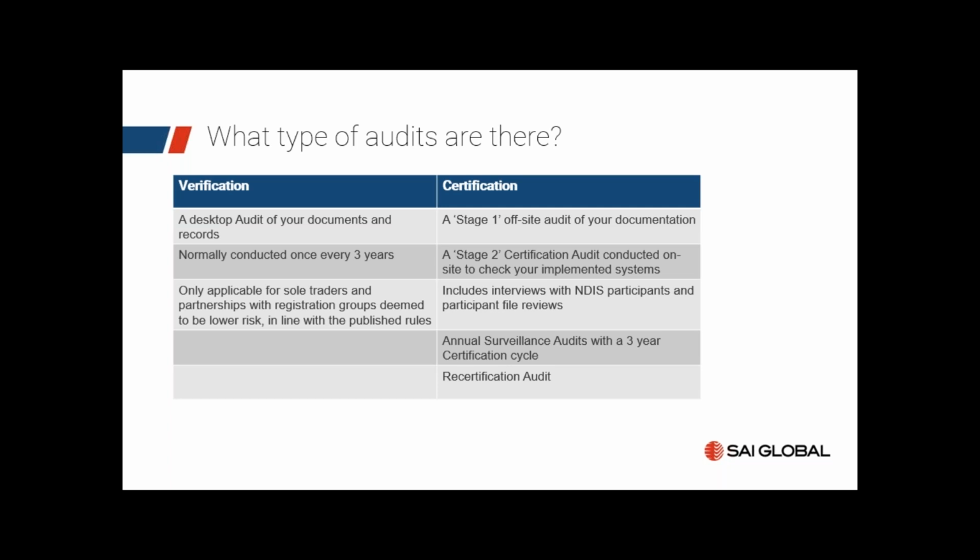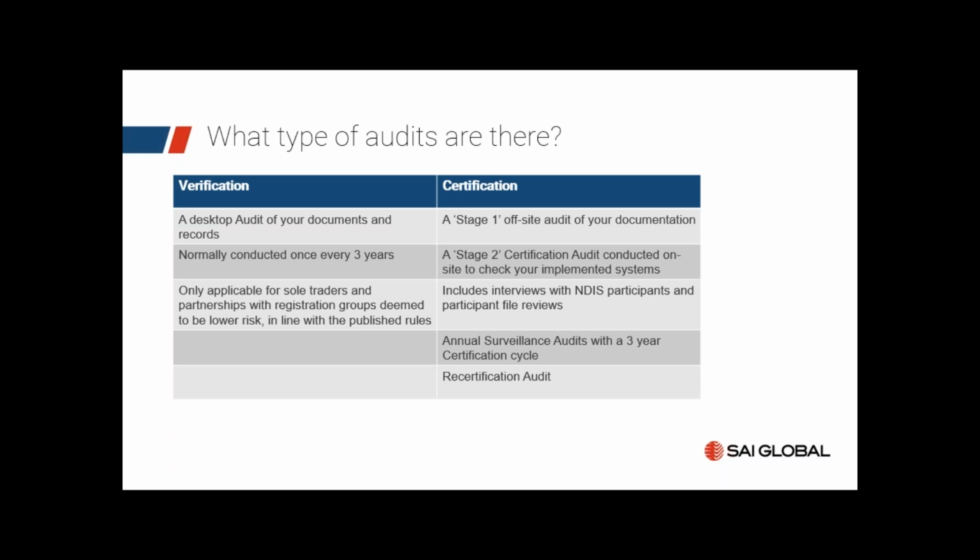For proprietary limited companies or organisations delivering higher risk registration groups or specialist registration groups, certification is needed. Now that's a much larger audit, so it includes a stage 1 or off-site audit of your documentation. And that's to check whether you're actually ready and whether you have the systems and processes in place for the certification audit itself.